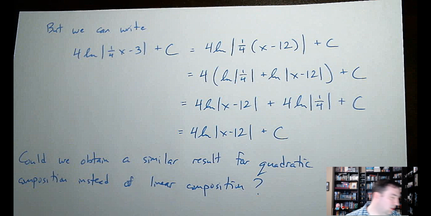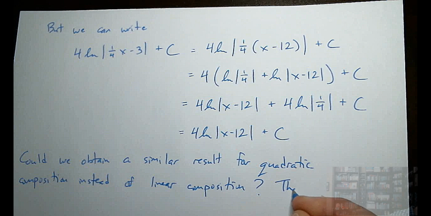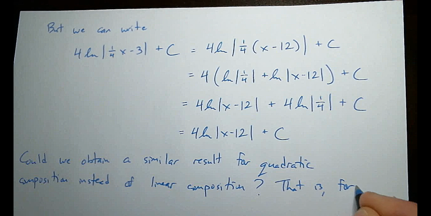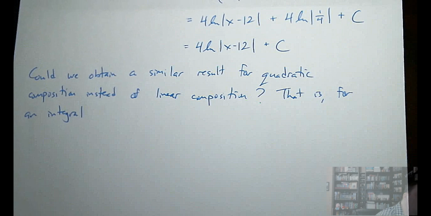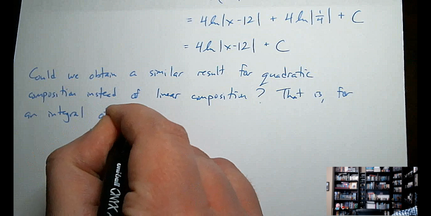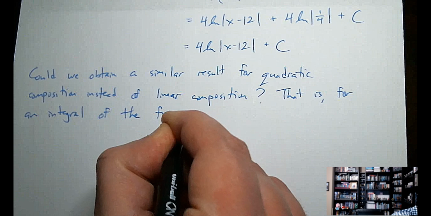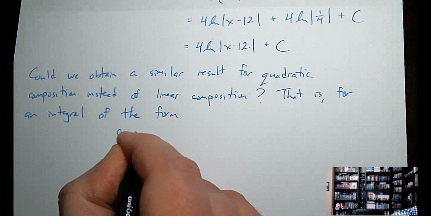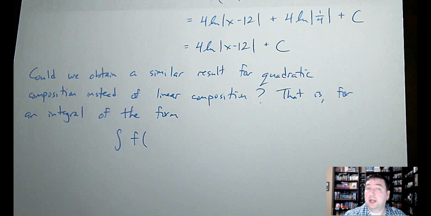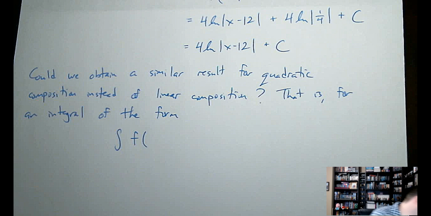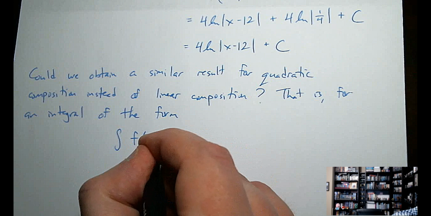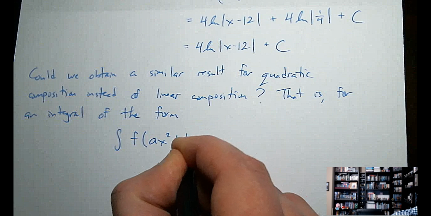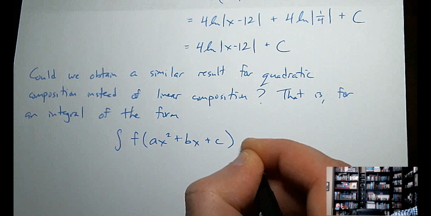So in other words, here we're talking about an integral that would be of the form integral of some function whose integral we would know. Again, that would be on our list of common integrals. So it would be f of not a linear function now, but some quadratic function, ax squared plus bx plus c.